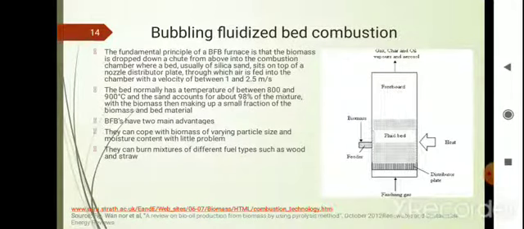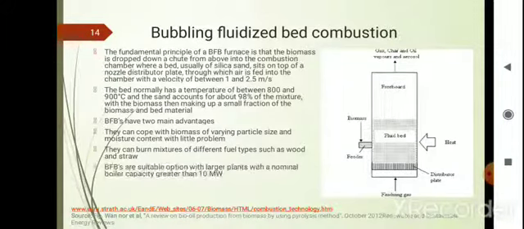That is another advantage of bubbling fluidized bed combustion system, and they are very much suitable for larger plants, and around the capacity of 10 megawatt they are very much suitable in that capacity.